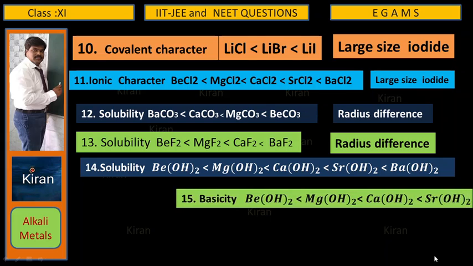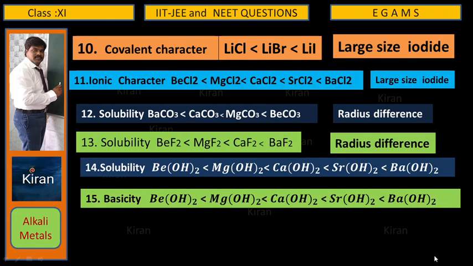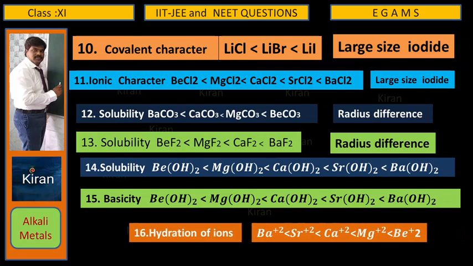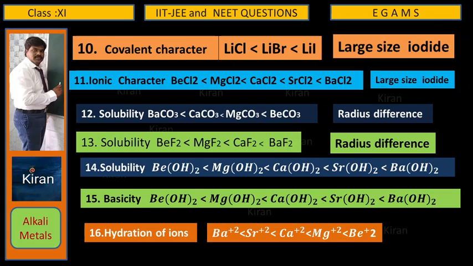Basicity also we can explain with the size: as the barium atom size increases, basic strength increases. Hydration of ion: as the size of the atom decreases, ionic radius decreases, hydration enthalpy increases, hydrated radius also increases.